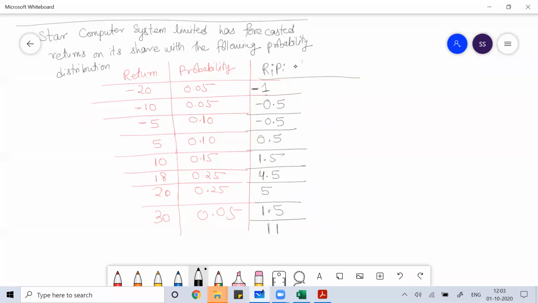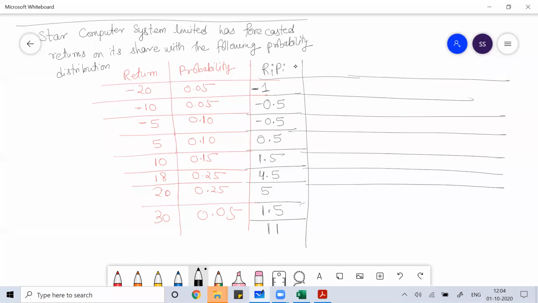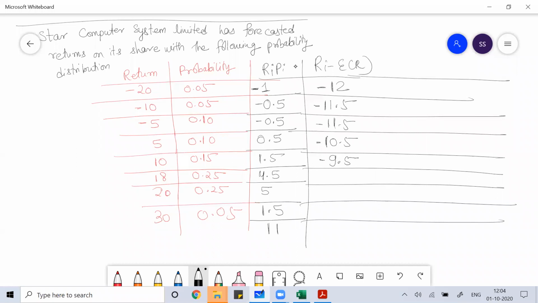Once you get the expected return, you can find return minus expected return: minus 11.5, minus 11.5, 0.5 minus 11.5 means minus 10.5, 1.5 minus 11.5 is minus 9, 4.5 minus 11 is minus 6.5, then 5 minus 11 is minus 6, and 1.5 minus 11, 9.5.